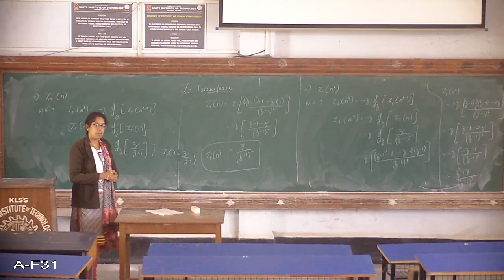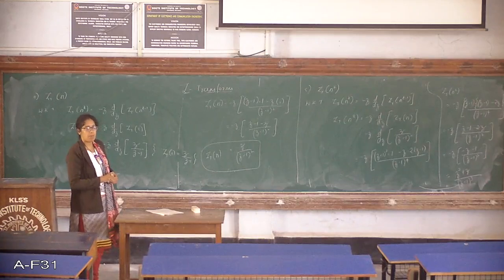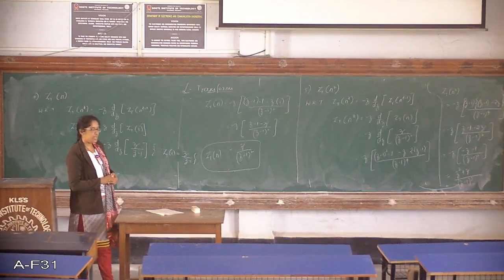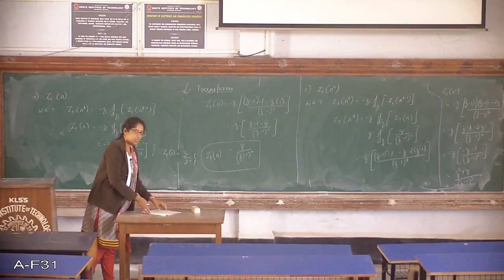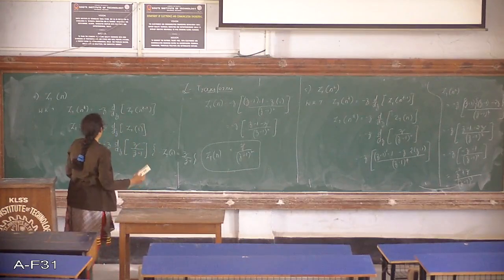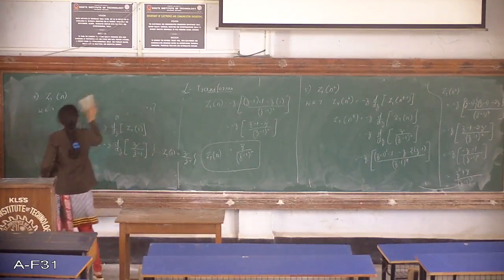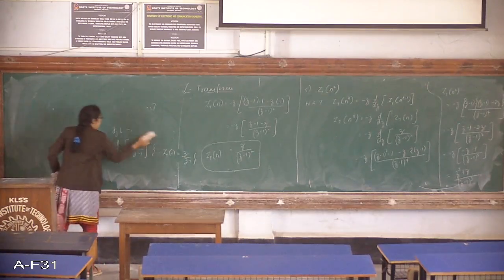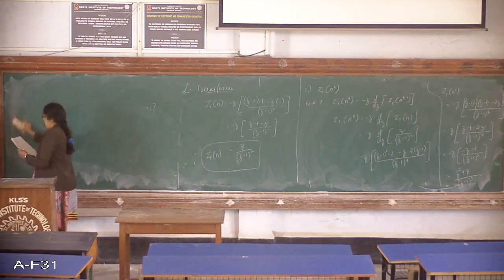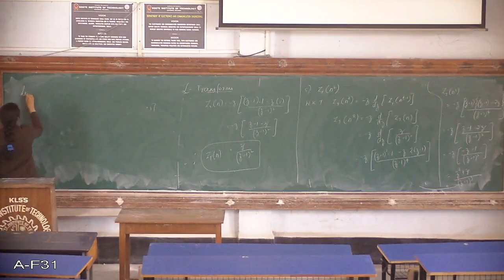If you remember, you have studied the linearity property for the Laplace transform. Similarly, the Z transform also holds good for the linearity property. So what is the linearity property for the Z transform?